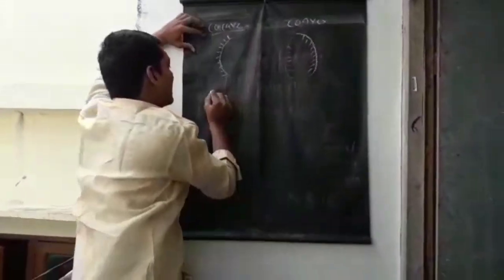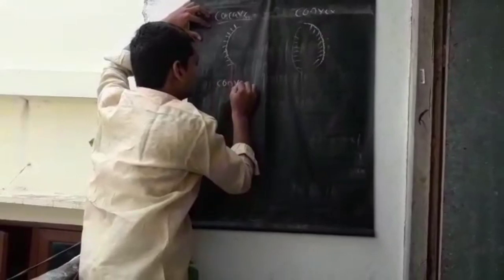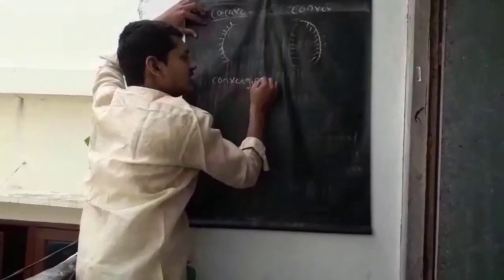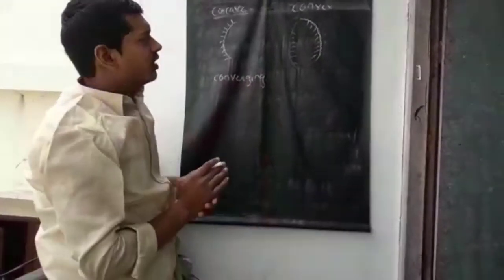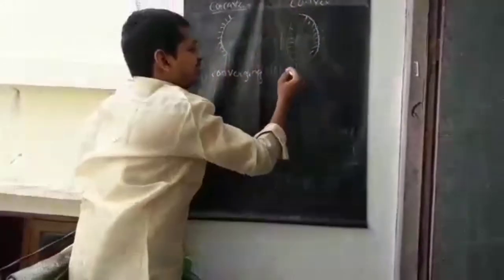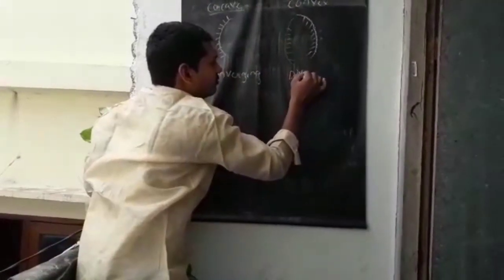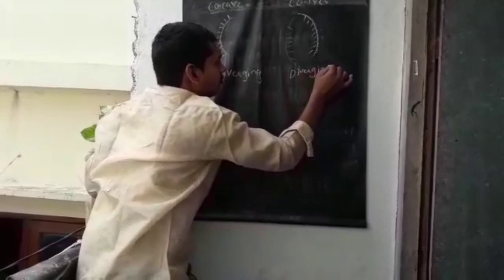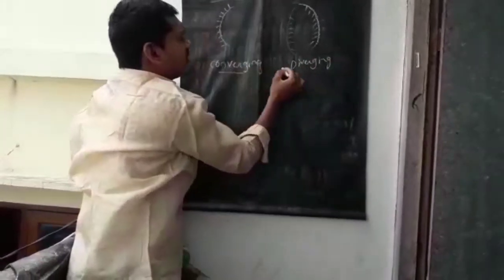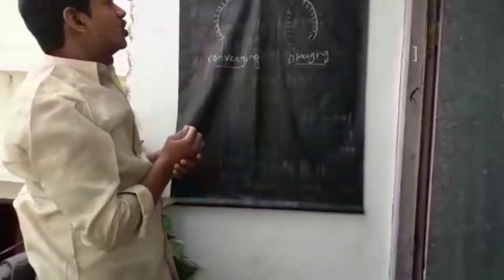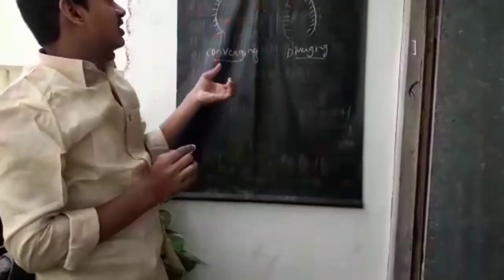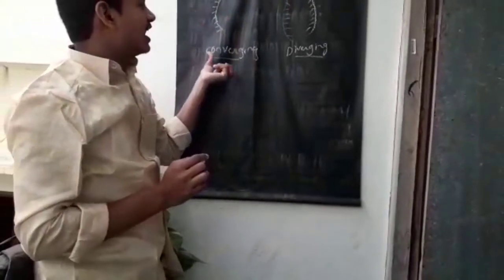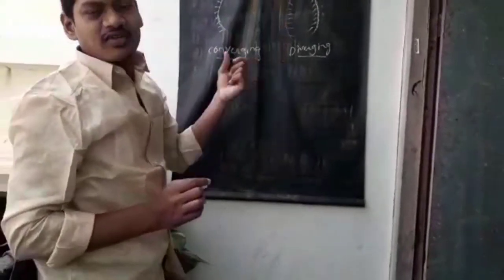Concave mirror is called a converging mirror, and convex mirror is called a diverging mirror.